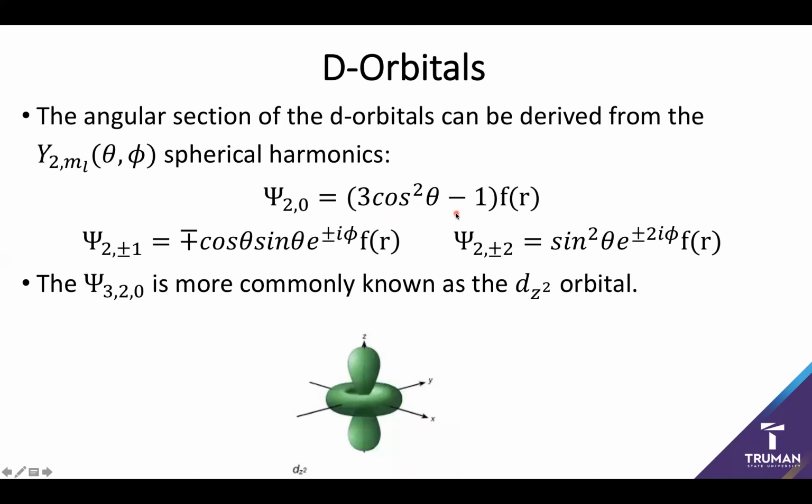Now, you probably know this orbital as the Dz squared orbital. This is the quintessential joke of most general chemistry because this is the one you remember, because this is the one that looks weird. Congratulations, this is the only d orbital that is an actual eigenfunction of angular momentum.